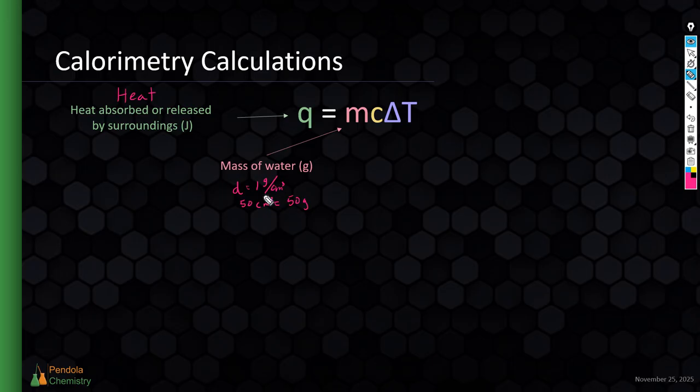So cubic centimeters and grams are interchangeable for water. M is going to be the mass of water. Don't forget this, because a lot of the time you'll be adding reactants to that water, and it can be very tricky to remember that M is not the mass of something else. It's always of the water, the solvent that we're using.